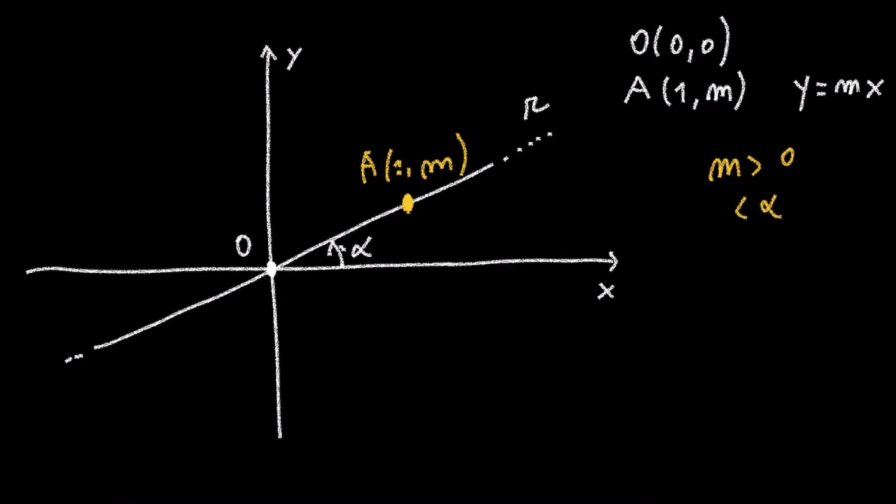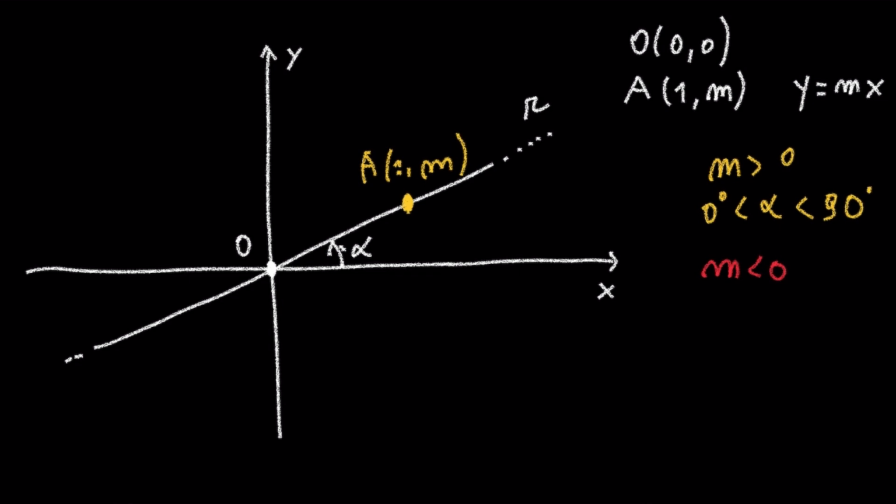So it means that alpha is between 0 and 90 degrees. If m is less than 0, then point A is in the fourth quadrant.